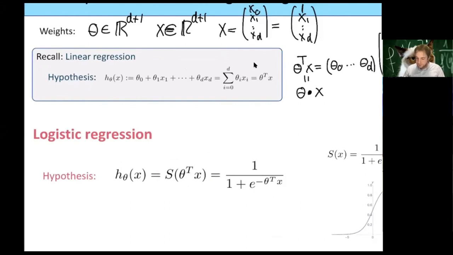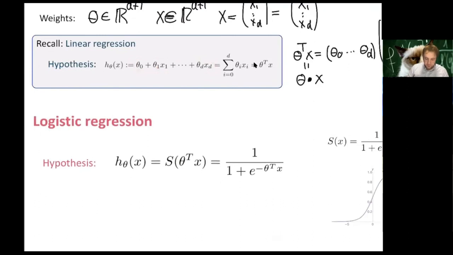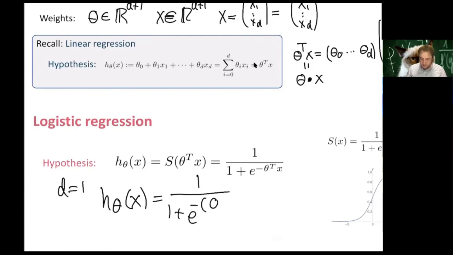So it will be some sigmoid function, but inside we have this original hypothesis. So for example, in the case d equals 1, this h theta of x will be 1 over 1 plus e to the minus (theta 0 plus theta 1 x), but more precisely x1.